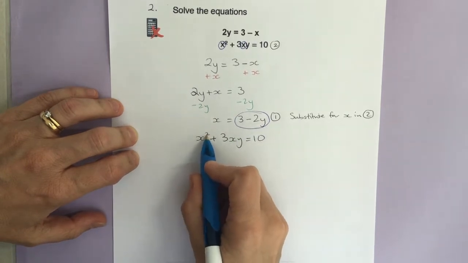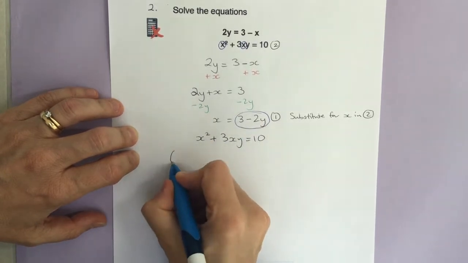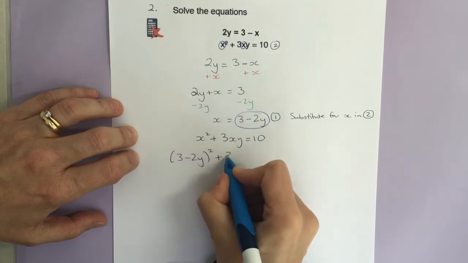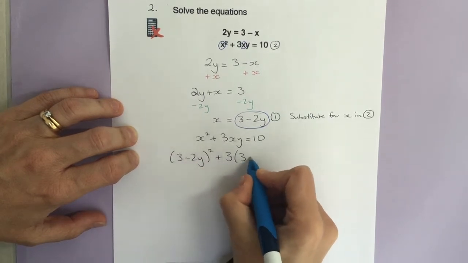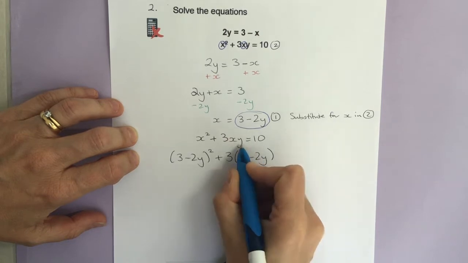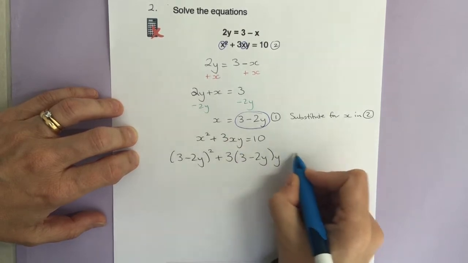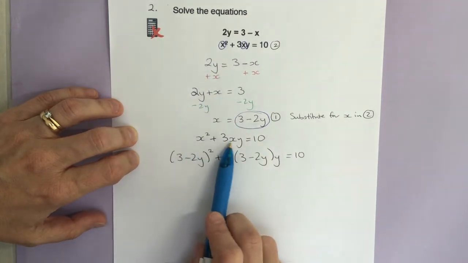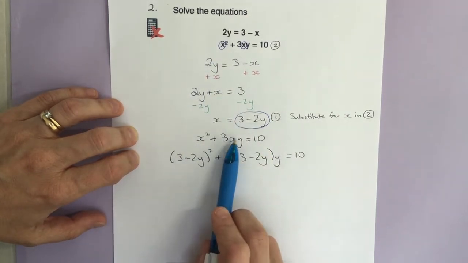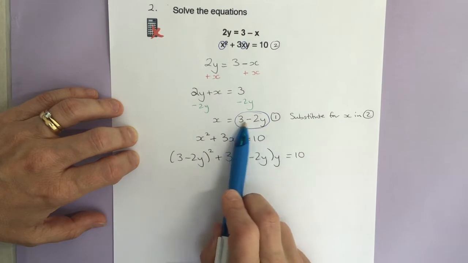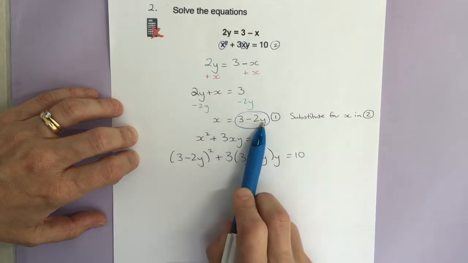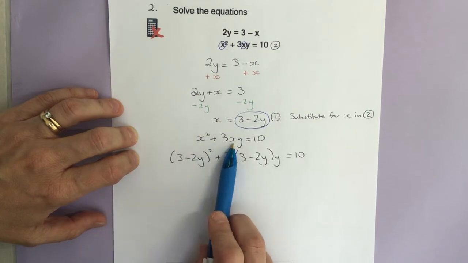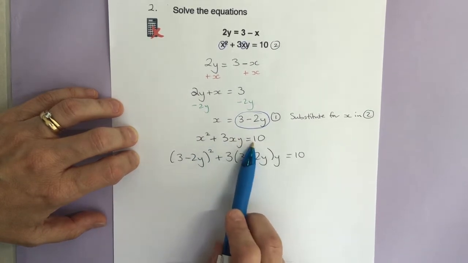So the whole thing squared, so the whole of this thing squared, plus 3 times x, I'm going to put it in brackets to make sure I do the multiplication right, times another y at the end, and that is equal to 10. So what have I done? Everywhere there was an x in my equation 2, I've substituted in this expression where x is equal to 3 minus 2y. So (3 minus 2y) squared plus 3 times (3 minus 2y) times y equals 10.